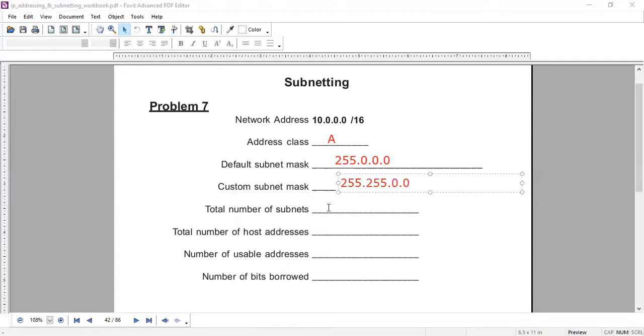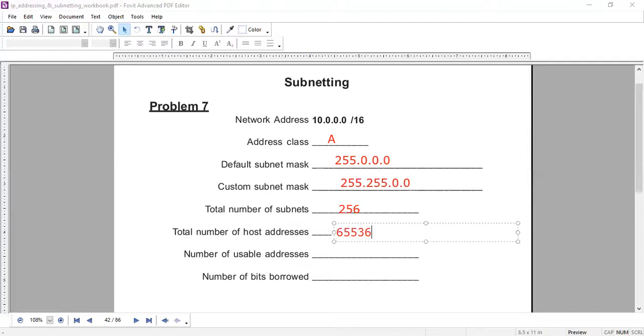Total number of subnets you can create, you have 8 bits, that is 2 to the power 8, 256. Total number of host addresses, actually you will be getting 2 to the power 16, that is 65,536.